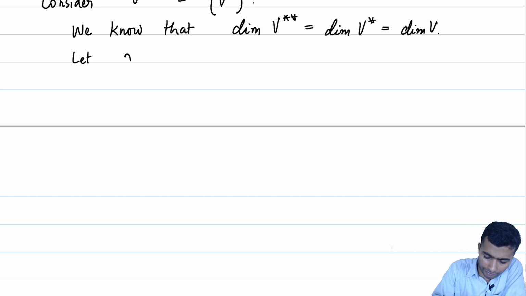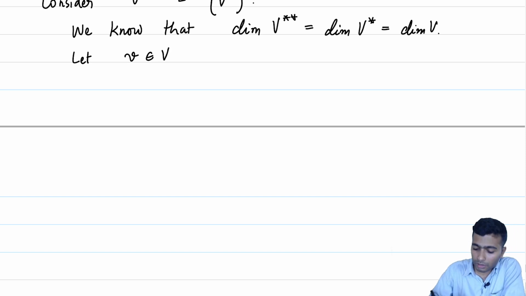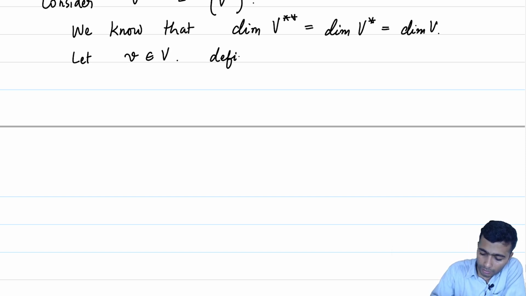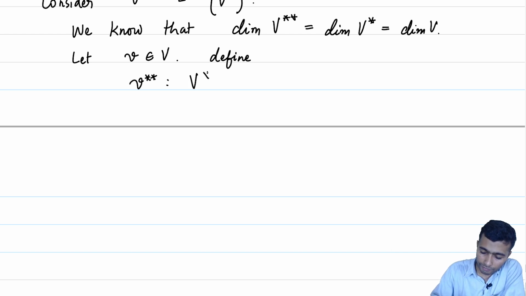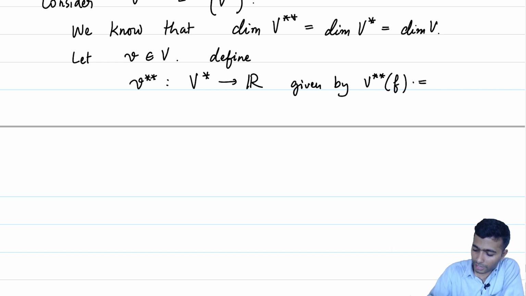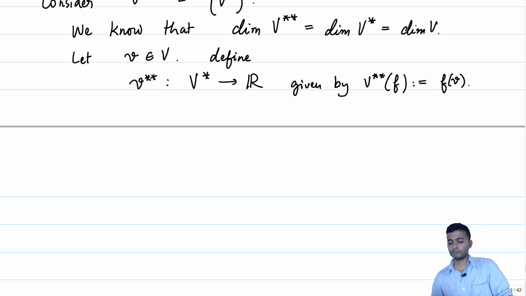So, let v be an element of capital V. Define v star star, a map from V star into R, given by v star star of f is, by definition, f of v. It is an easy check to see that v star star is a linear functional on V star.